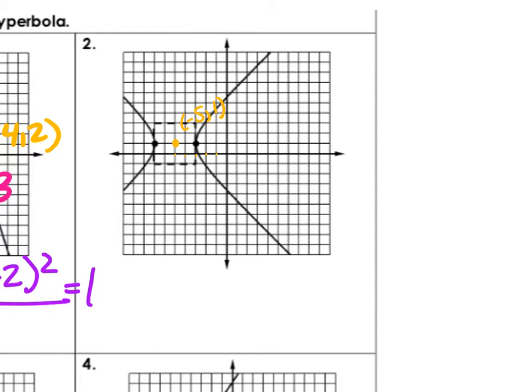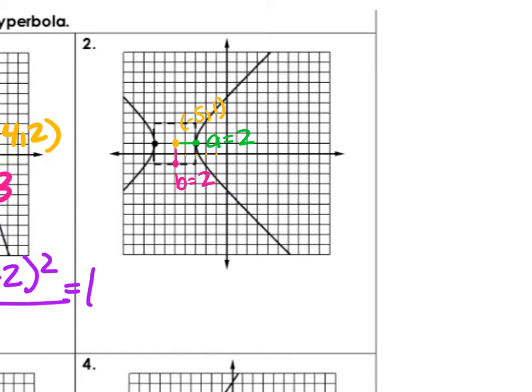The distance from the center to the vertex is 2, so a equals 2. And the distance from the center to the co-vertex is 2, so b equals 2.